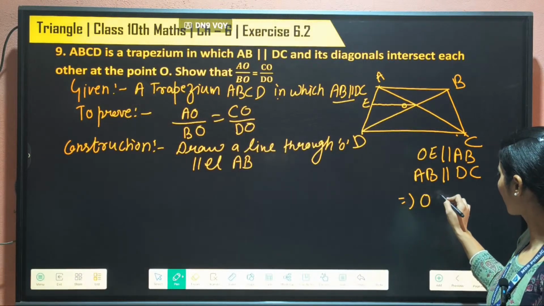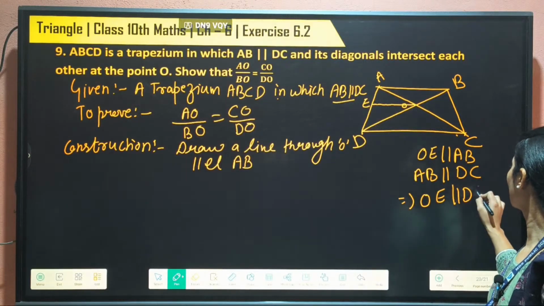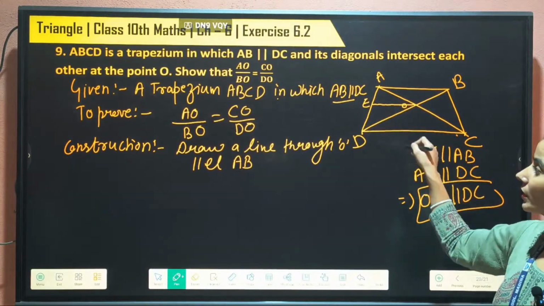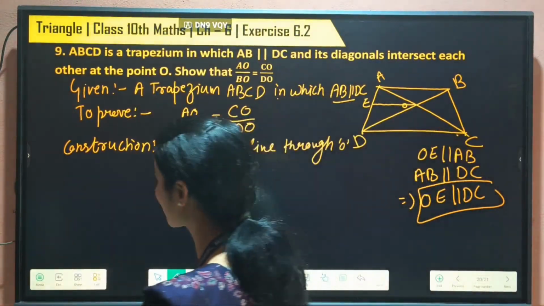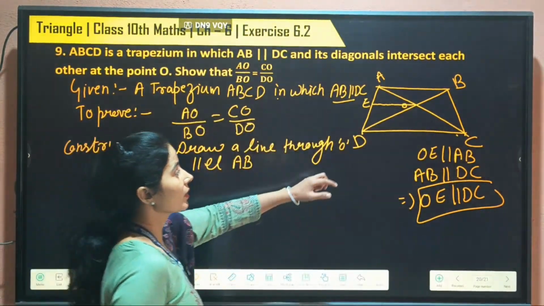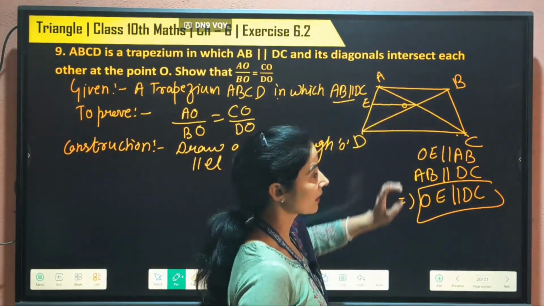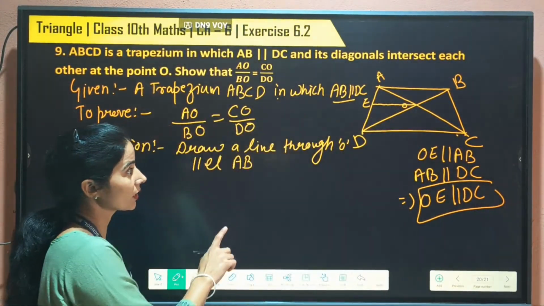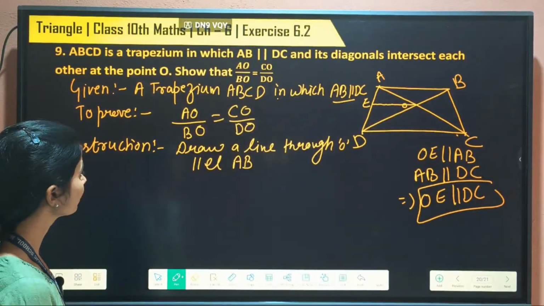This implies OE will be parallel to DC. Means OE is also parallel to DC, since AB is parallel to DC and we have drawn OE parallel to AB.